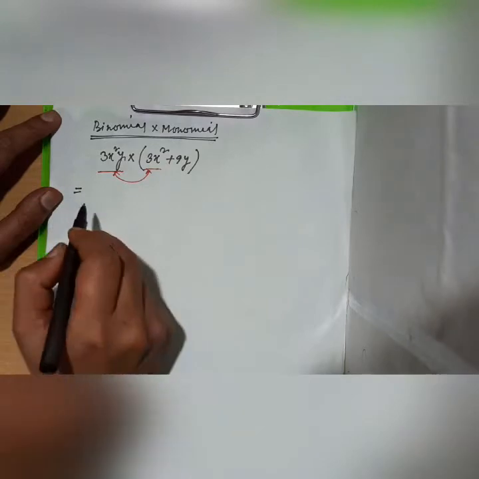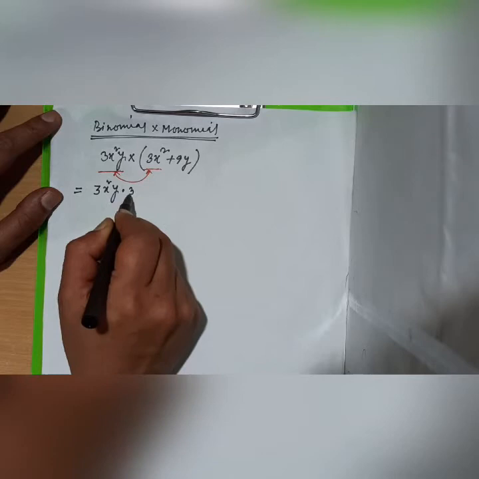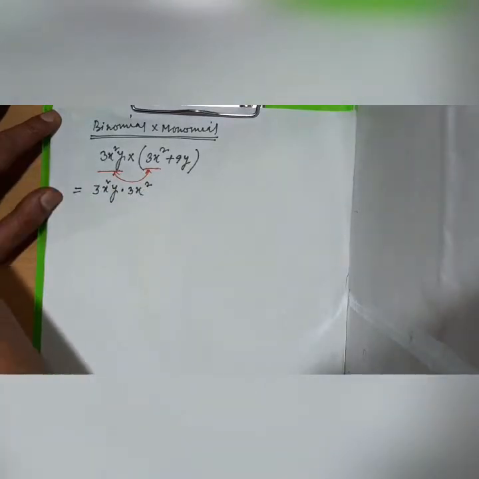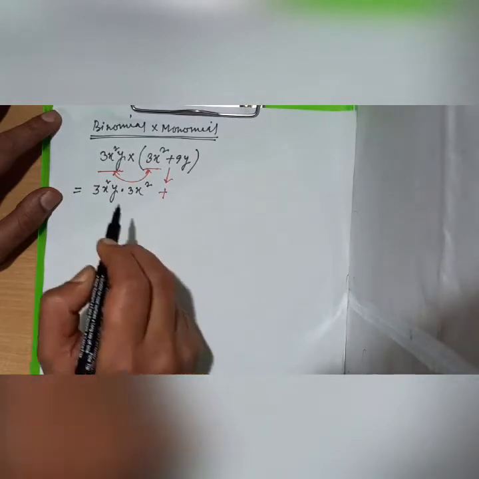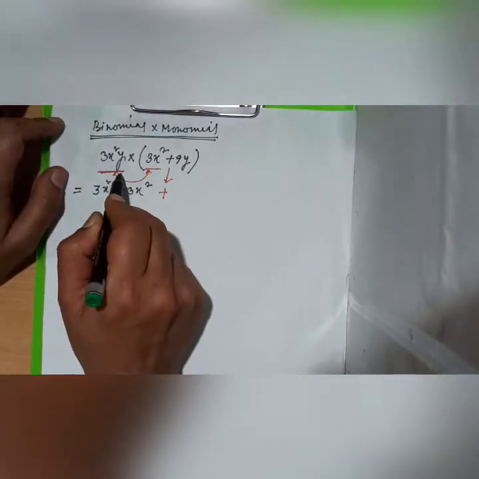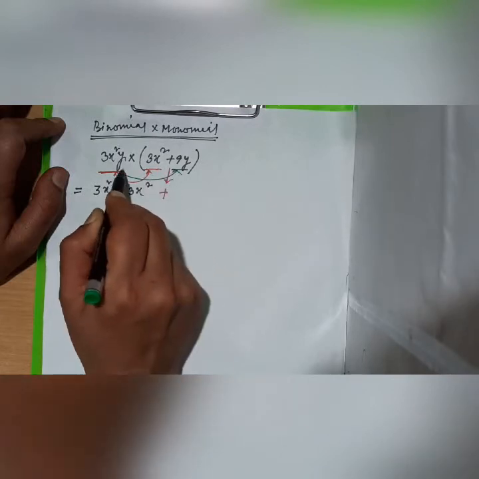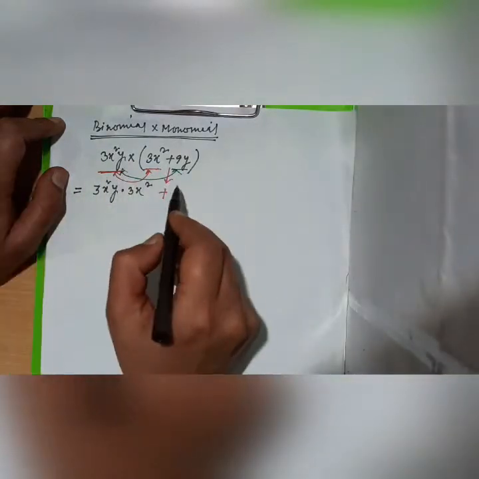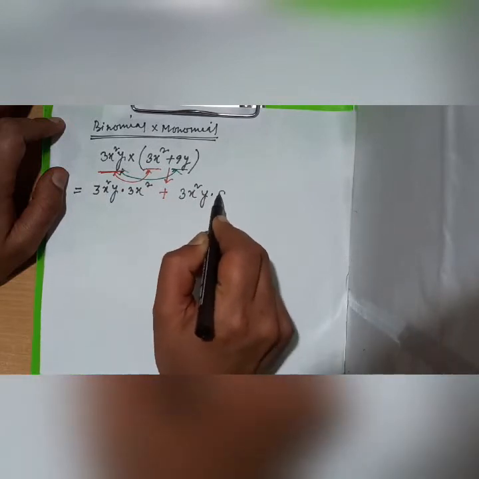So 3x square y into 3x square plus, now we will multiply these two, that is 3x square y into 9y.